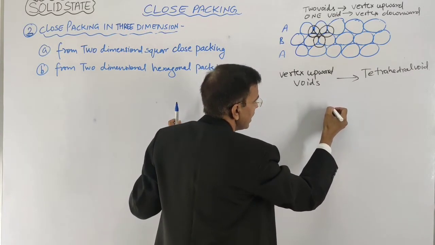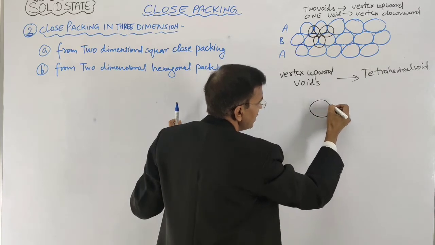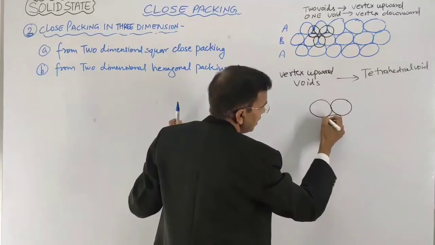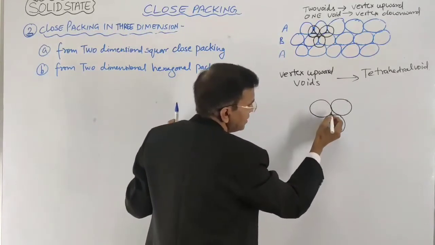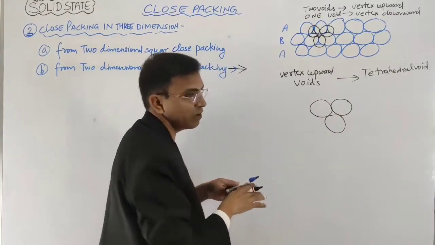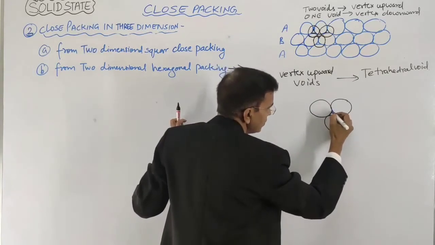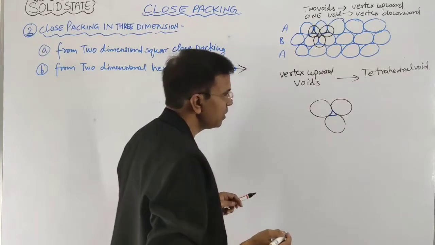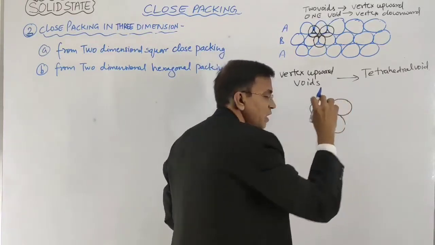Let us explain more about this. One atom here, two atoms, and here is the three atoms, and this is the void with upward vertex.